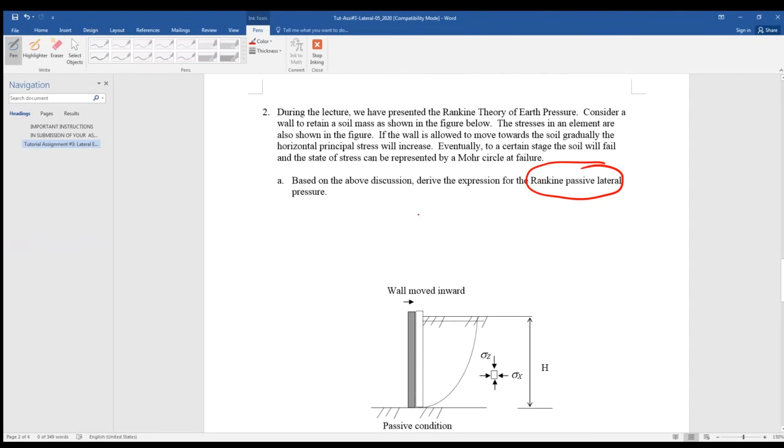So in other words, if you consider the soil element here, that is the shear stress, and that is the normal stress, and you have the soil element here, this sigma. Sorry, that is sigma Z.